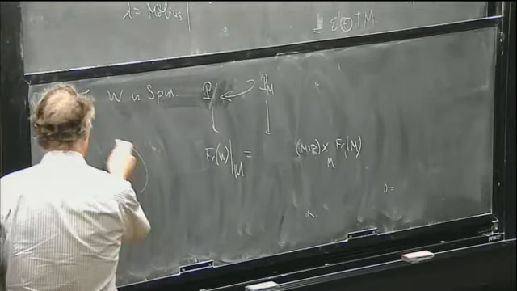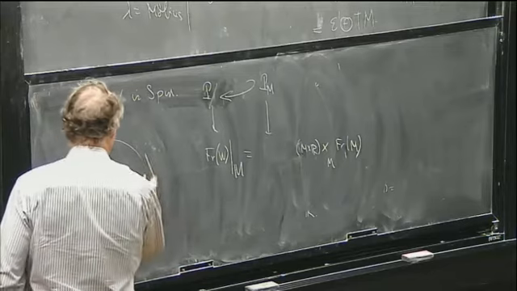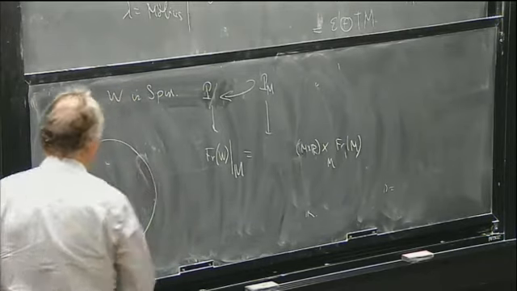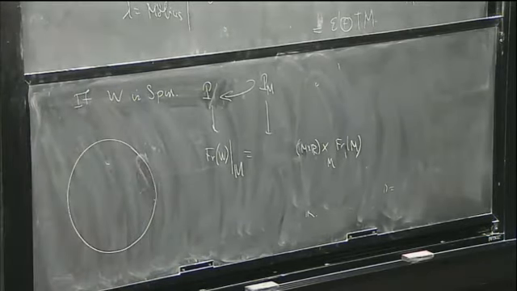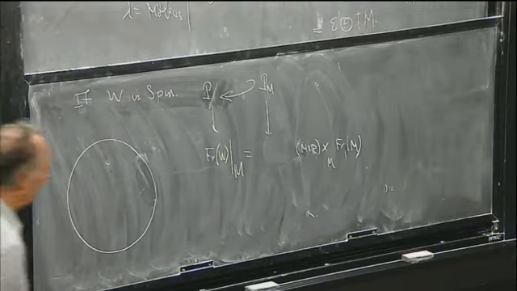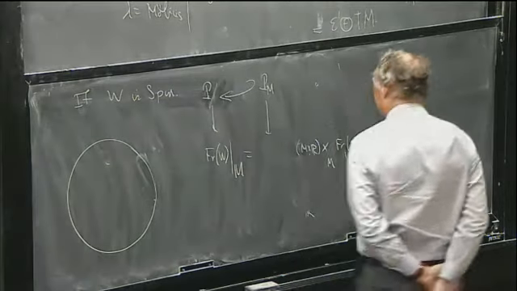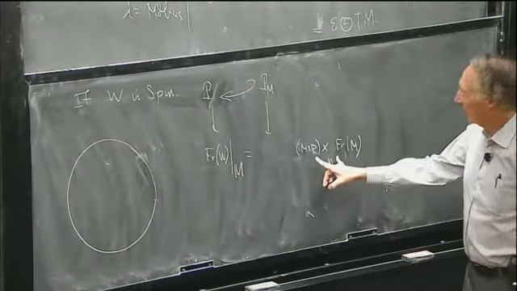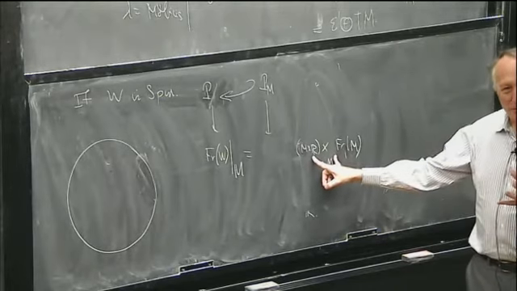So the circle... Wait, aren't you missing the statement that the spin structure near the boundary factors in this way? No. That's what I'm saying. What I'm saying is the SO bundle can be reduced to its structure group.